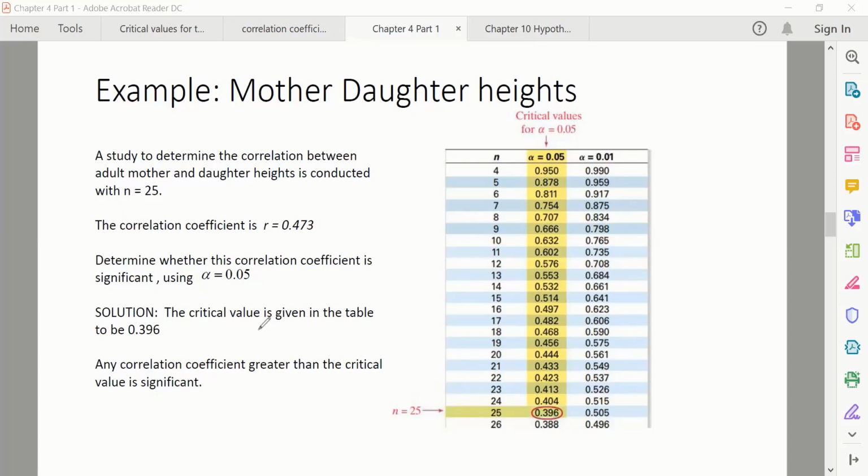Since our R value, 0.473, is greater than 0.396, our correlation is significant. So that's how you're going to check. There's some questions like that in the homework.